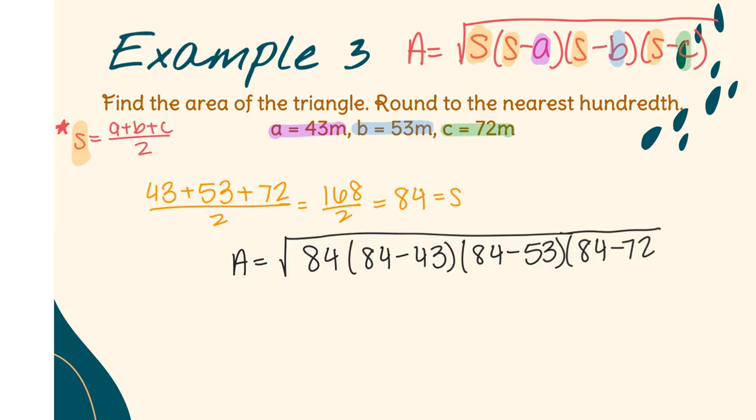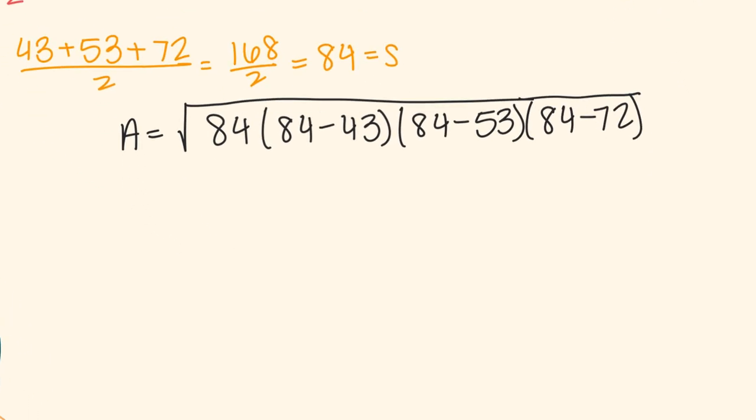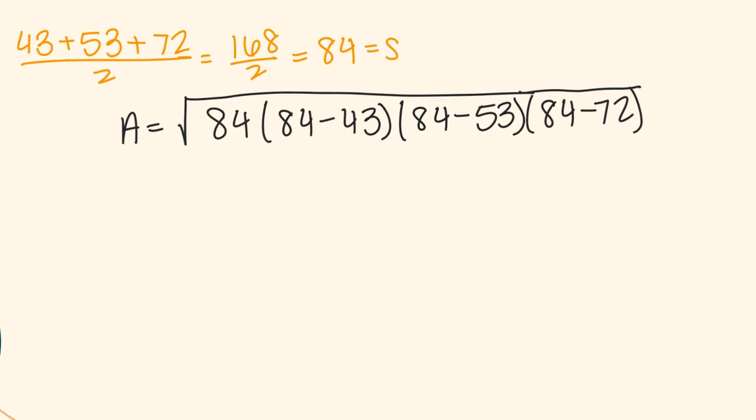I know you guys have a calculator, but do not try and plug everything in at once. Do it in steps, okay? Take your time, do it in steps, because that just leaves room for error. So I would just do them individually.